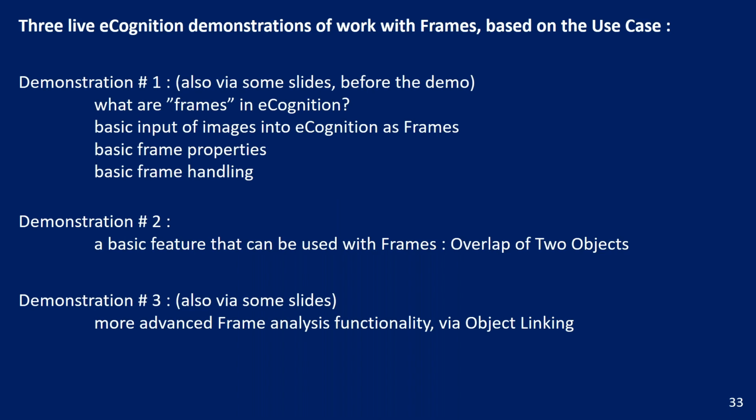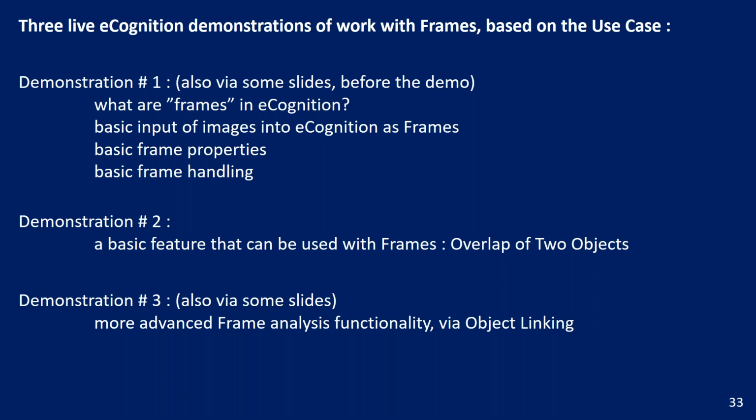So to the demonstrations. A few slides which introduce us to those now. There are 3 demonstrations I'm going to use, and that's done as three different eCognition workspace setups.